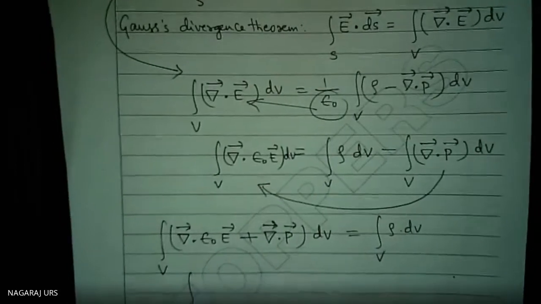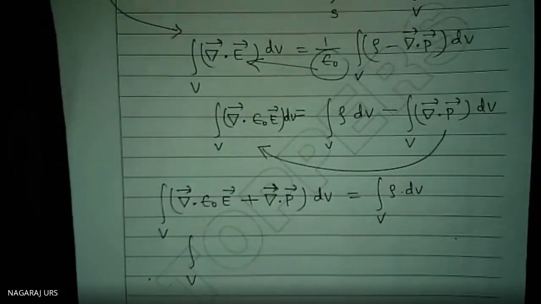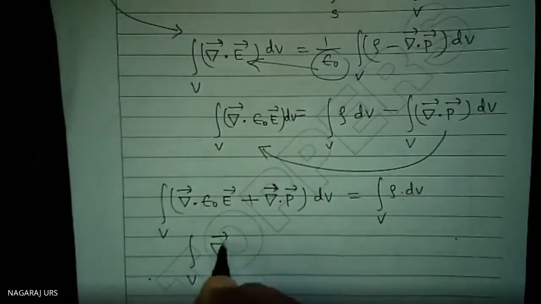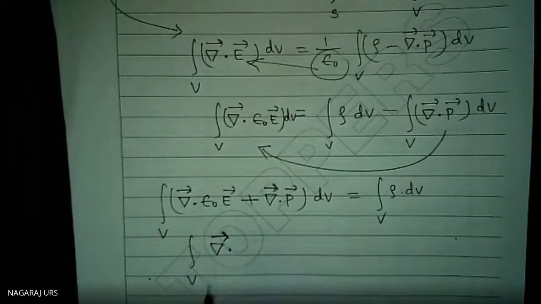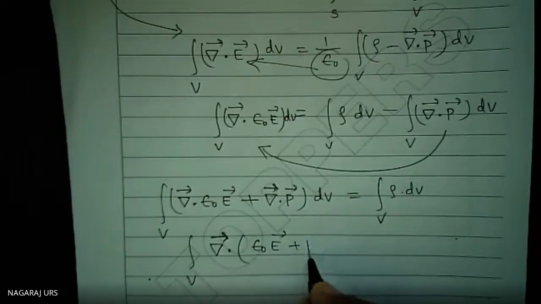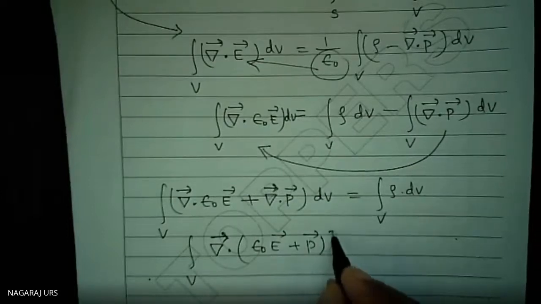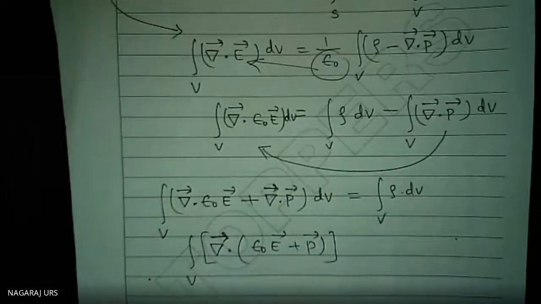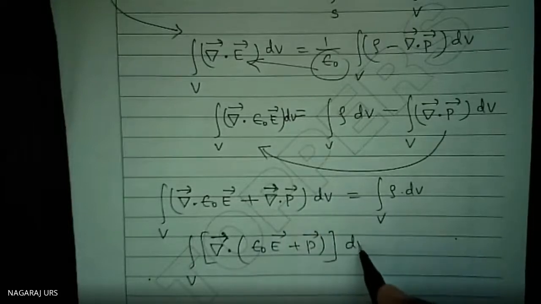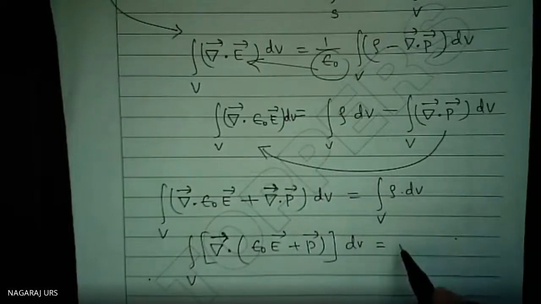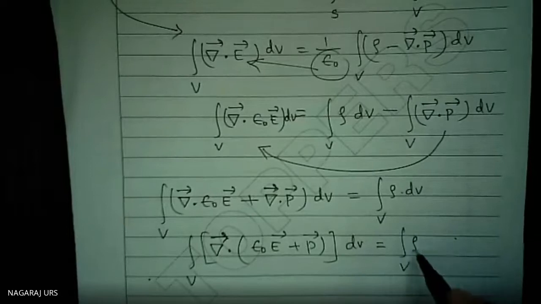Therefore the volume integral of del dot, epsilon naught E plus P, whole thing, dV as it is, equals the integration of rho dV.